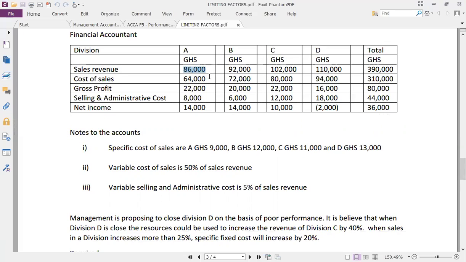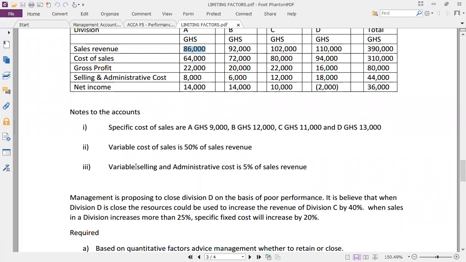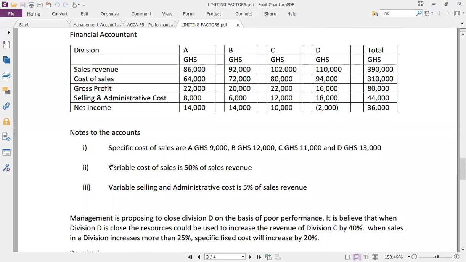Then variable selling and administrative cost is 5% of sales revenue. Let me rely on the second part. The same variable cost of sales is 50% of sales revenue, right? Let's rely on A. 50% of 86,000. What do you get?